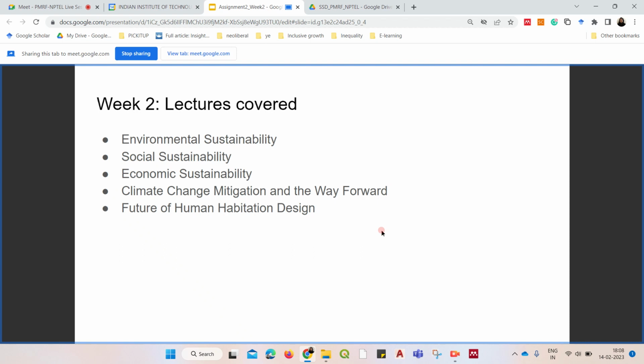So this week a detailed account of what each kind of sustainability means, what kind of aspects are covered under each, what kind of policy decision making and everything each of the types of sustainability influence, all such things would have been covered in these lectures.